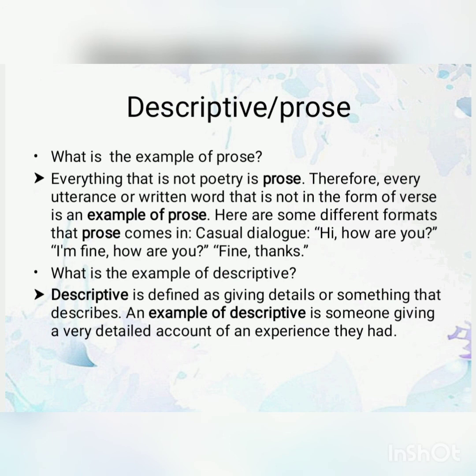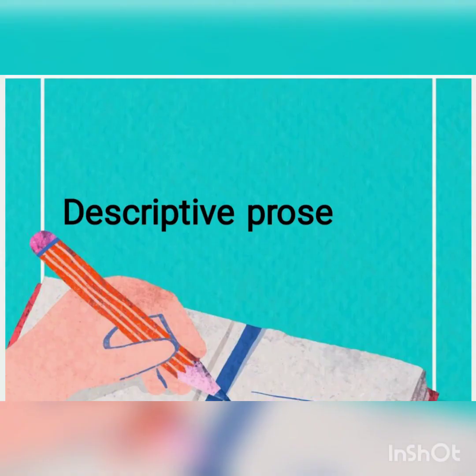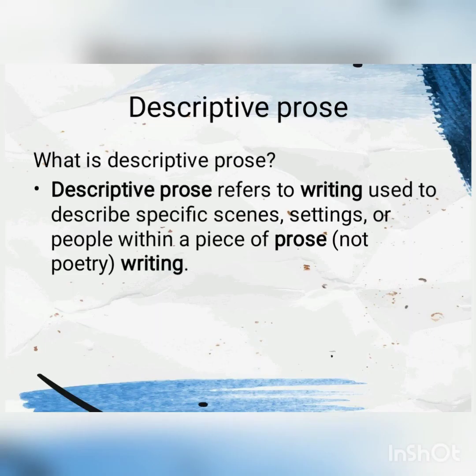An example of descriptive is someone giving a very detailed account of an experience they had. So ultimately, descriptive prose refers to writing used to describe specific scenes, settings, or people within a piece of prose writing, not poetry.